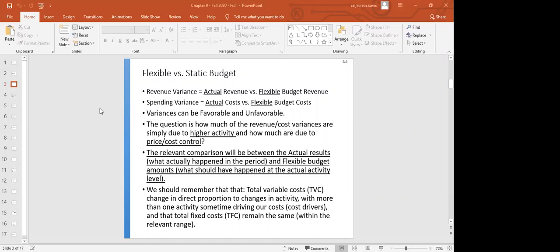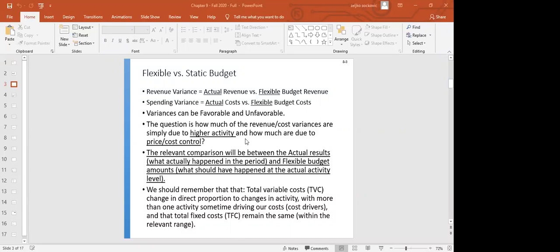It's not complete fiction, but you know what I mean. It's not reality. It did not really happen. It's our projection, right? So the flexible budget is a combination between the planning budget, those functions, that's fiction, and reality, what actually happened in terms of activity. So you can remember it that way too.